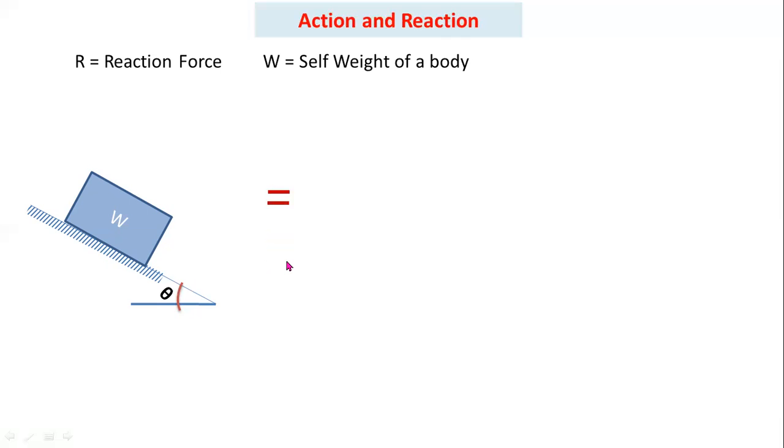From Newton's third law, you have to consider self weight vertically downwards. Already we know that the self weight of any body always acts vertically downwards, like this.